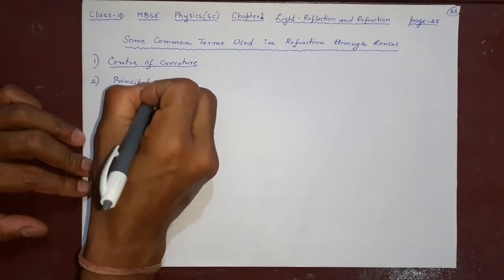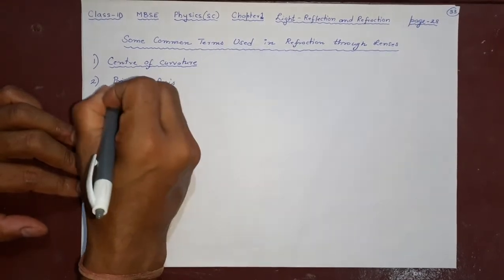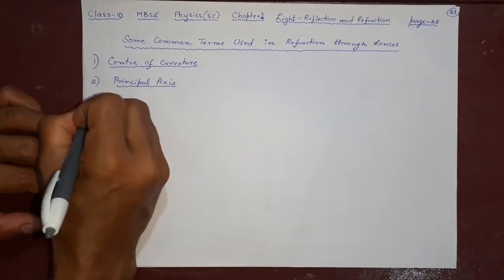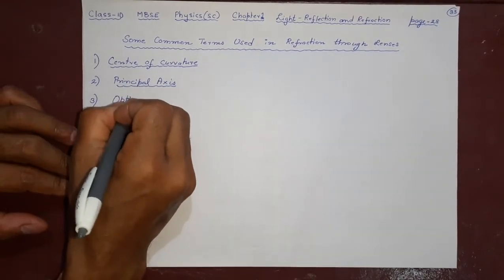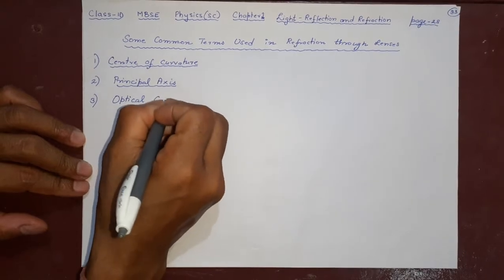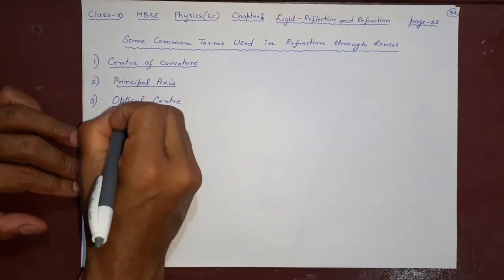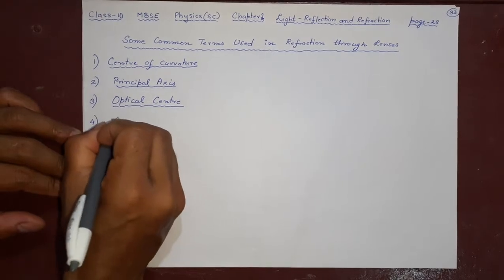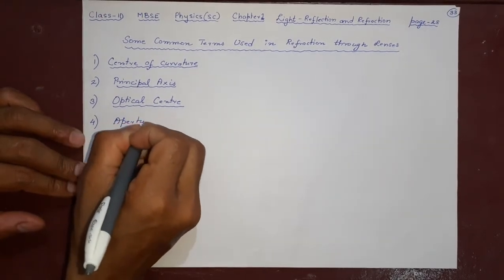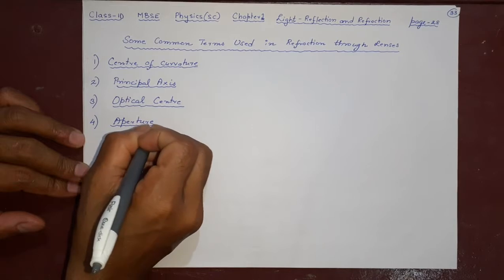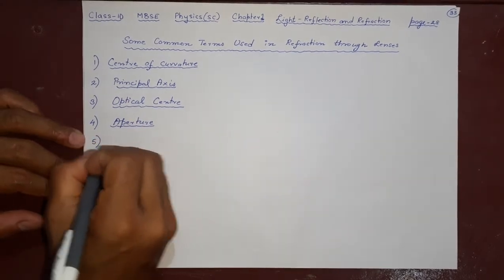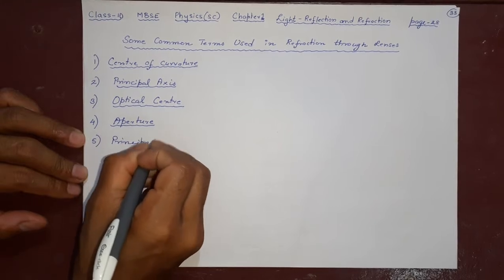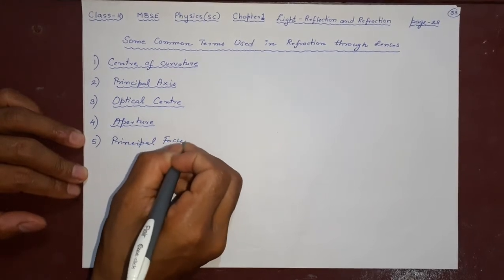The second one will be principal axis, right? The third one is optical center. Fourth one is aperture. Number 5, principal focus, the main focus, that means.